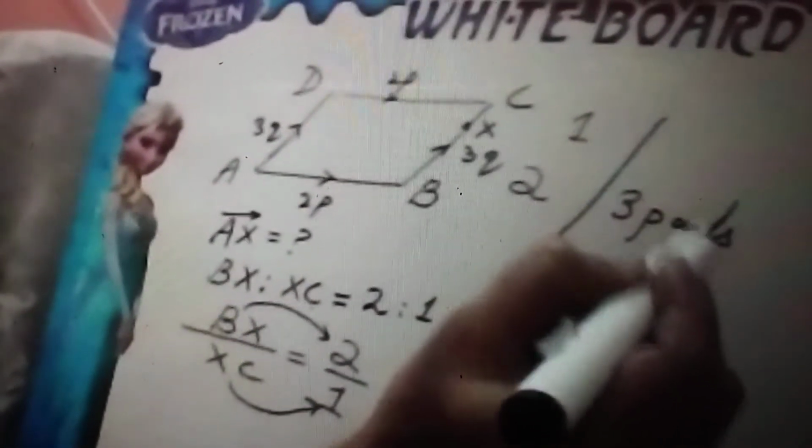So BX has two parts, XC has one part. So BX from B to X, there are two parts. And what about XC? It is one part. So the total BC, if I conclude from here, is three parts, 2 plus 1.